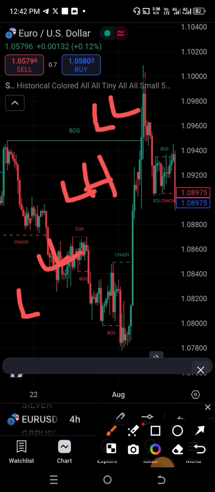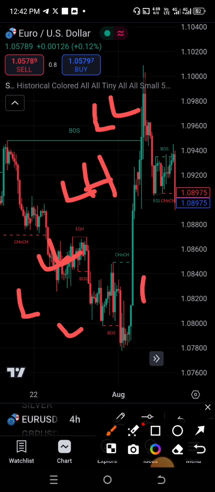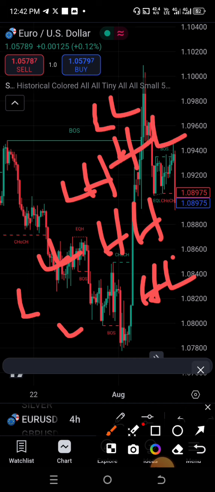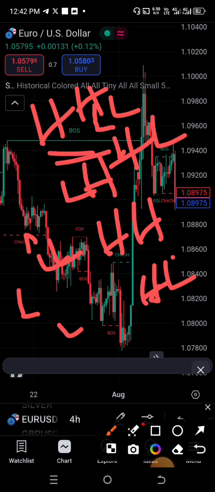But if you are going in an upward trend, what you'll be having is low, higher low, HL, higher high, HH, higher low, HL, higher high, HH. And when the previous high gets broken by the price moving upward, then what is produced is what we call a break of structure. Like we have here, this is a break of structure.